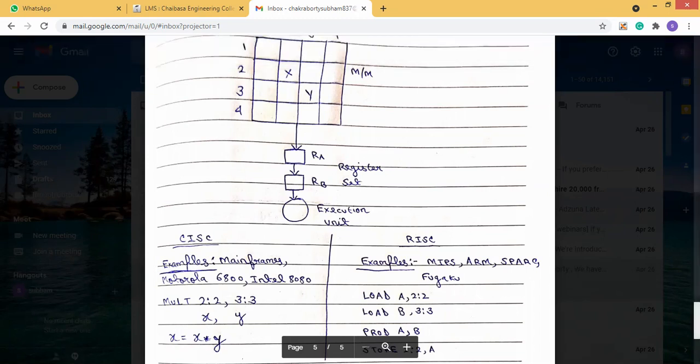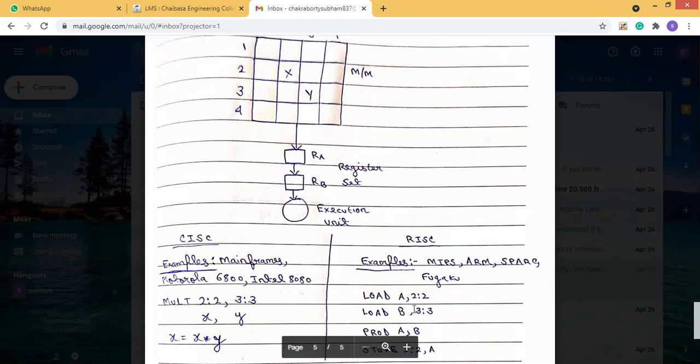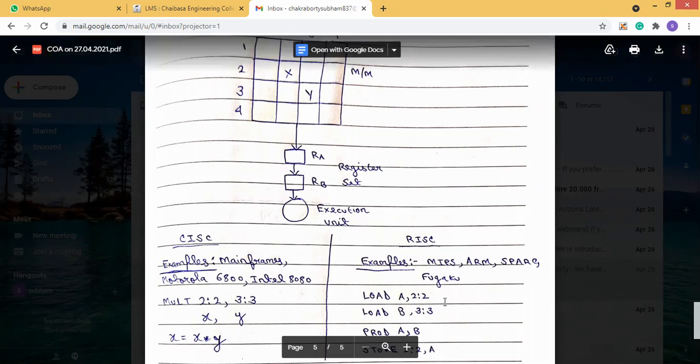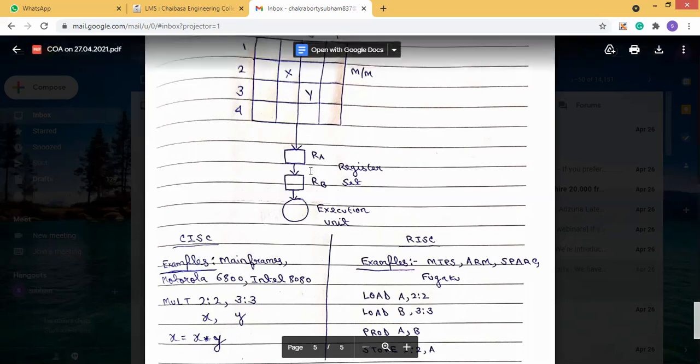If we try to execute this example in a reduced instruction set computer, the instruction format becomes large. First we have to load the 2x2 value into register A.